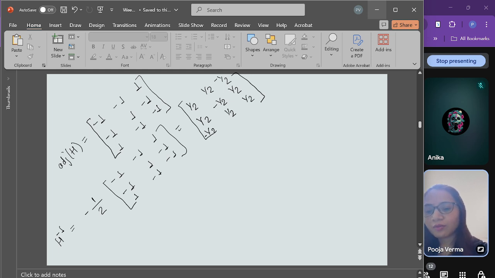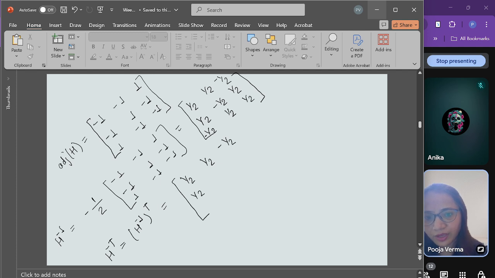Now we also have to find the inverse transpose of H. For getting H of minus T, what we need to do is take the transpose of the H inverse values. So you will get 1 by 2, 1 by 2 and minus 1 by 2.